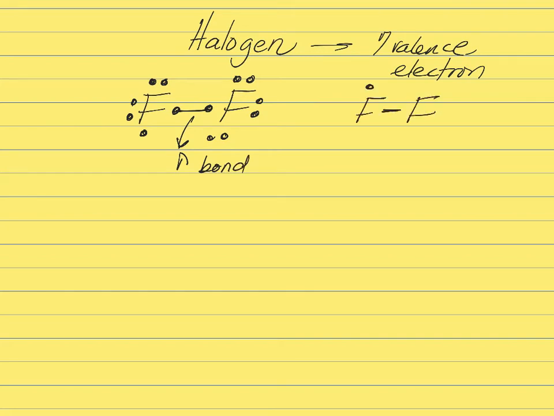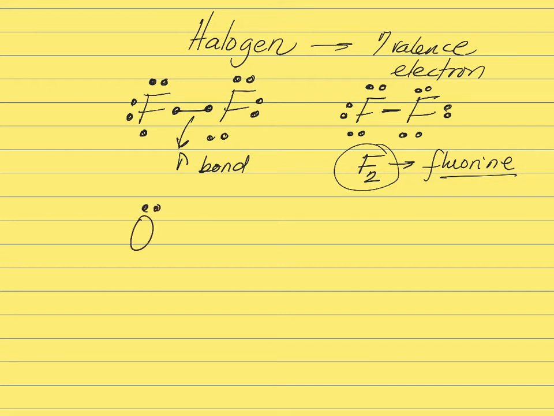This is a Lewis structure for a fluorine diatomic molecule. Is that a compound? No. It's still the element, but in a more stable form. So it's going to be difficult for this diatomic molecule to react, okay? Because it has reached the octet rule.